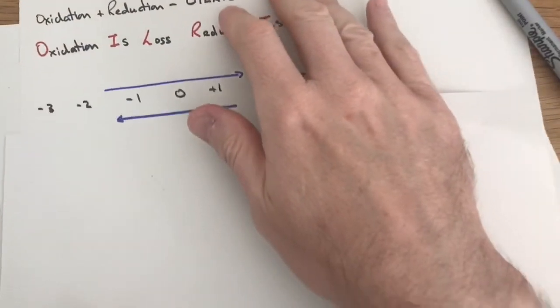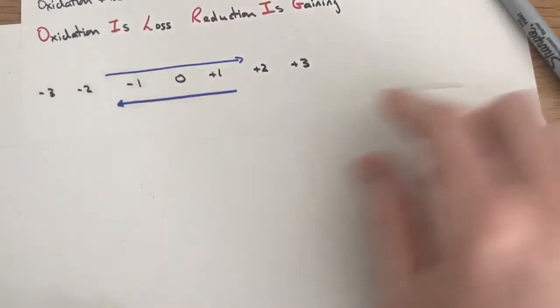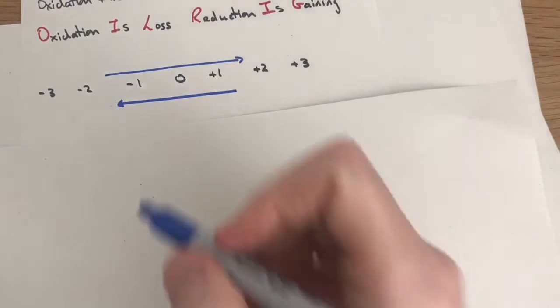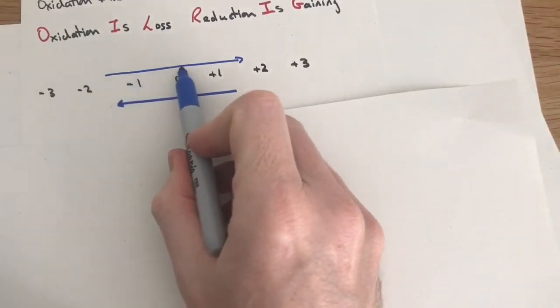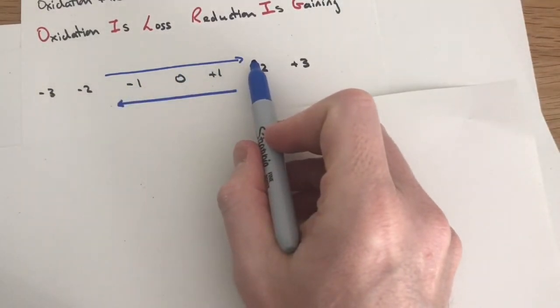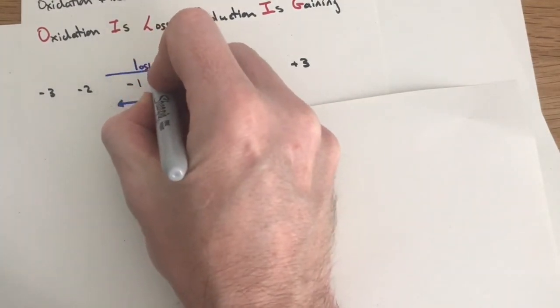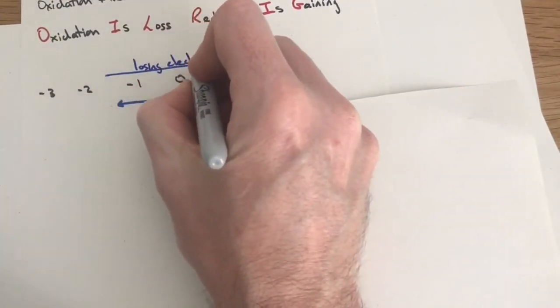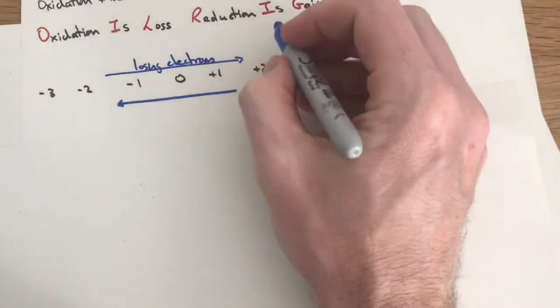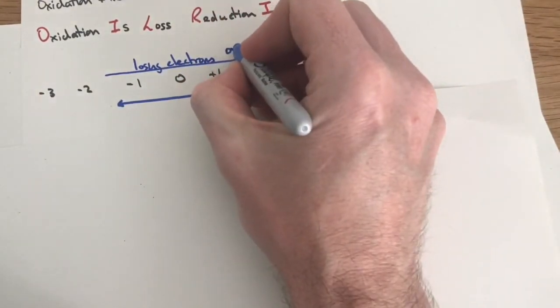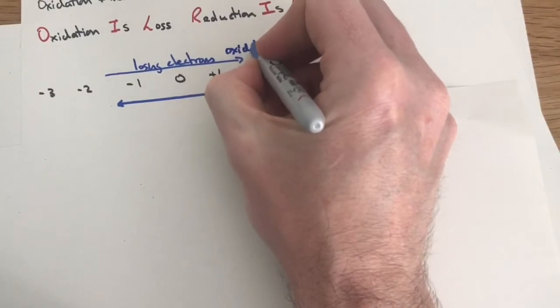So to help us understand this, in your notes you've got one of these little number charts. If I'm becoming more positive, what am I doing? I'm losing electrons. So in this direction we are losing electrons, and if I lose electrons, what's going on here but a process of oxidation?